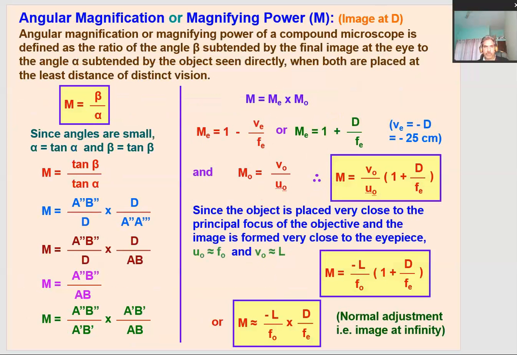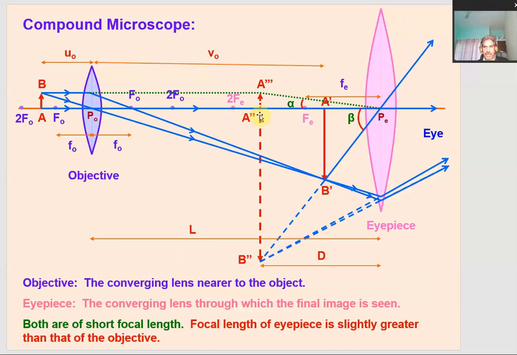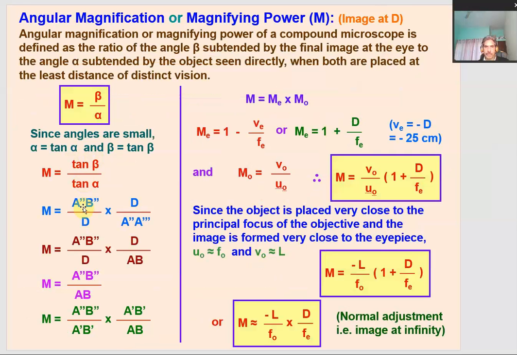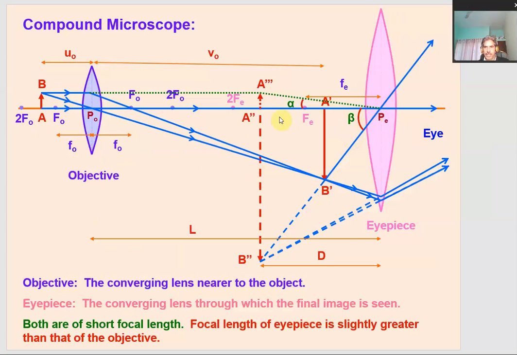We take the triangle A double dash B double dash PE, which contains the angle made by this final image A double dash B double dash. So here we calculate tan beta, and in the triangle A double dash A triple dash PE we calculate tan alpha, and substitute the values. Tan beta becomes A double dash B double dash upon D, the least distance of distinct vision, perpendicular upon base.